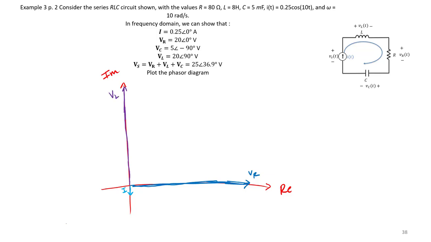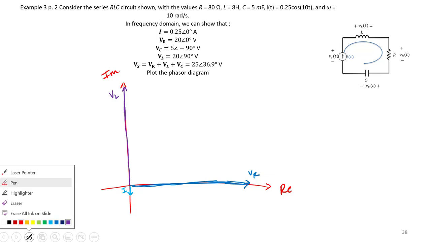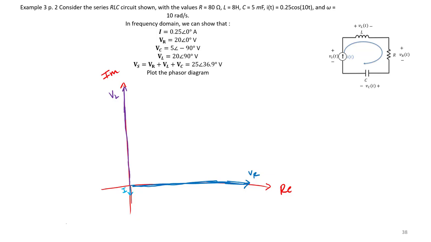And then we also have our capacitor, which is 5 angle negative 90, and that's bringing our total vertical voltage down, such that here we have VL minus VC would be about 15 above the 0 point.